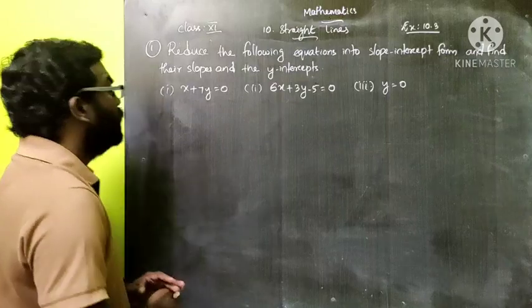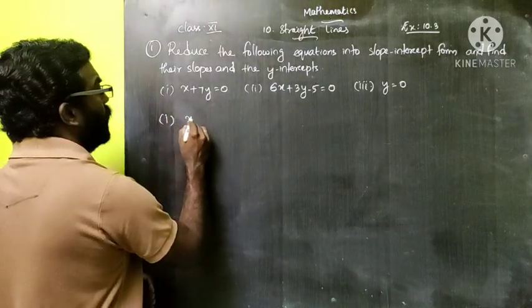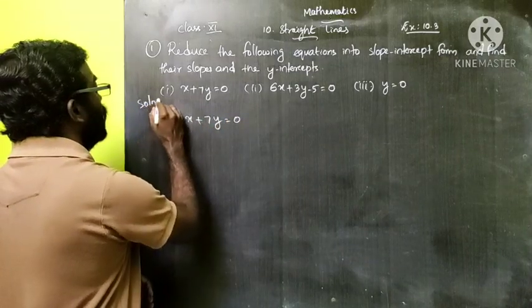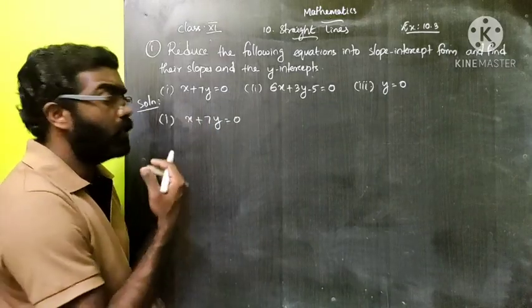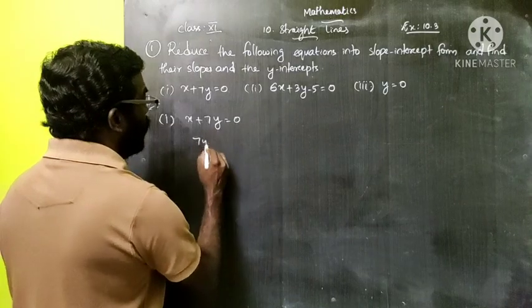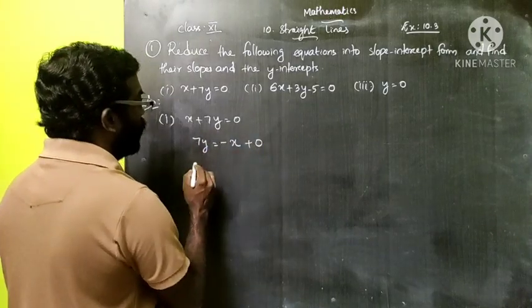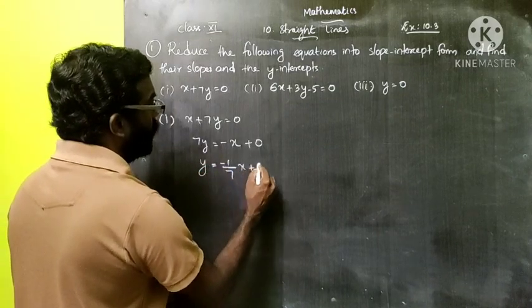Okay. First sub question is x plus 7y is equal to 0. So first of all we can change it into slope-intercept form. That means y is equal to mx plus c form. 7y is equal to minus x plus 0. Or we can write y is equal to minus 1 by 7x plus 0.